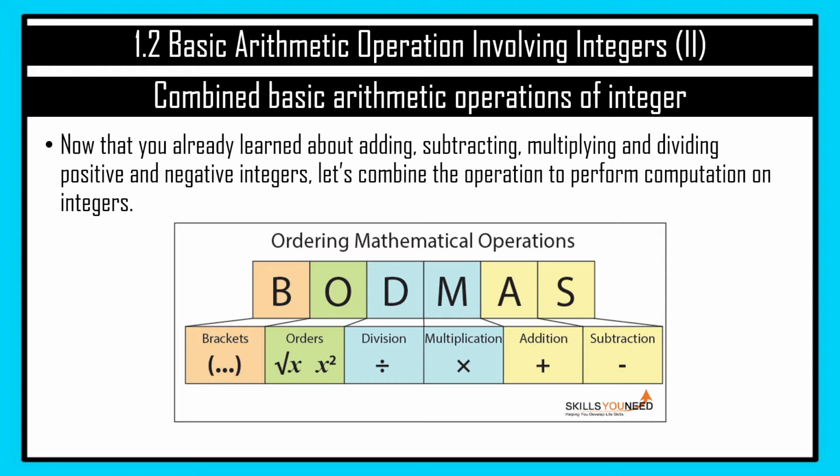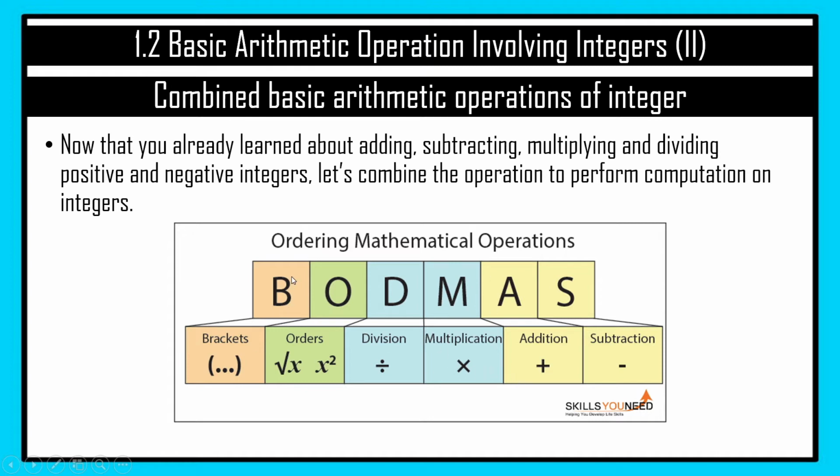If you look at the table in front of you, the color graphic, we are going to use BODMAS, which is BOD mass. B stands for bracket, O for orders, D for division, M for multiplication, A for addition, and S for subtraction. Now you can see it is already color coded.